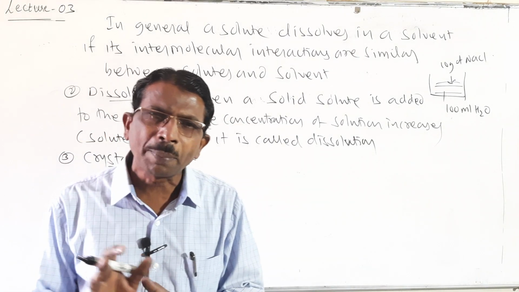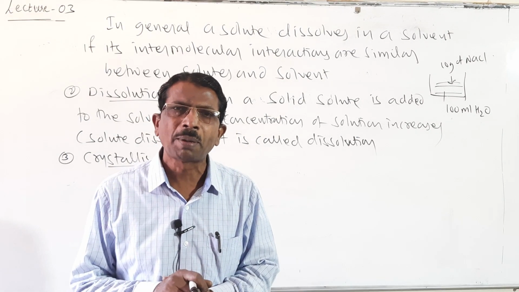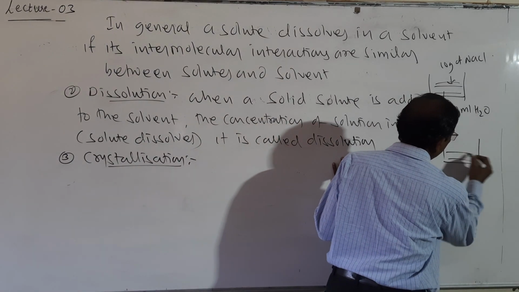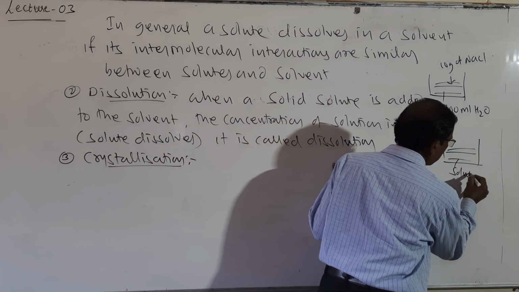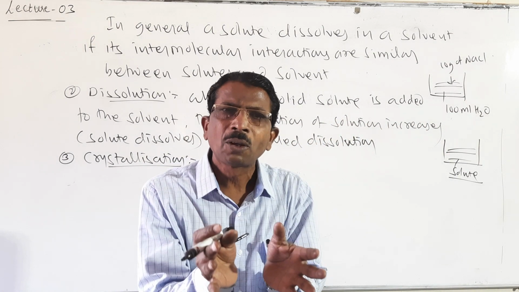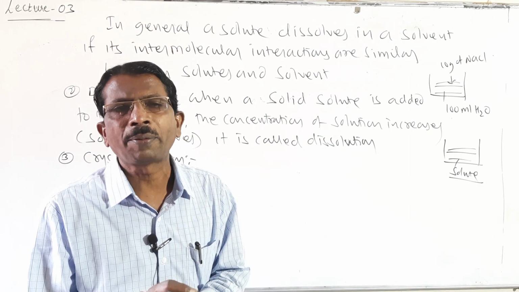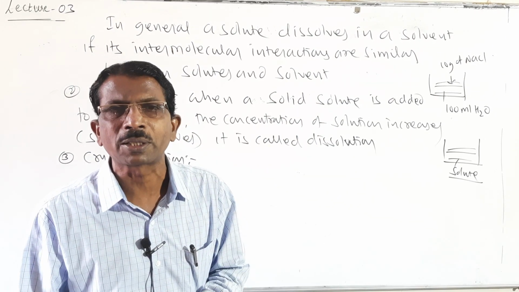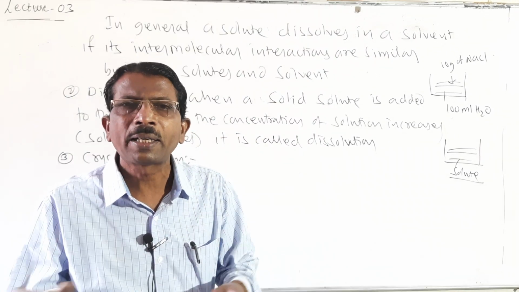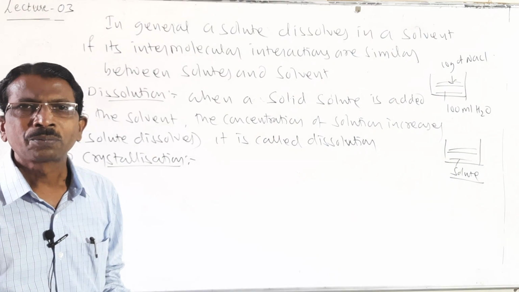Look here students, some of the solute particles in a solution collide with the solid solute substances, and therefore they turn into a solid or a crystal, then it is called crystallization.